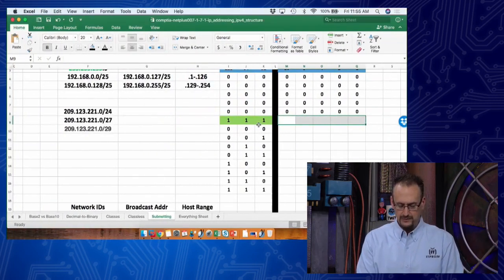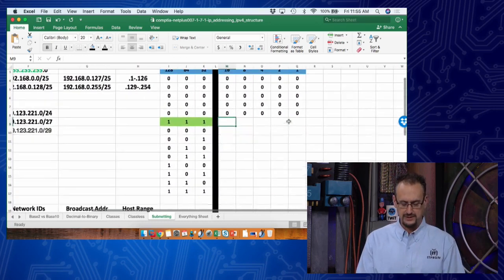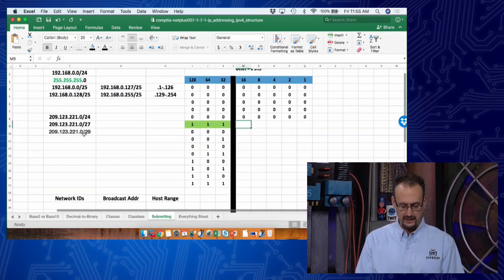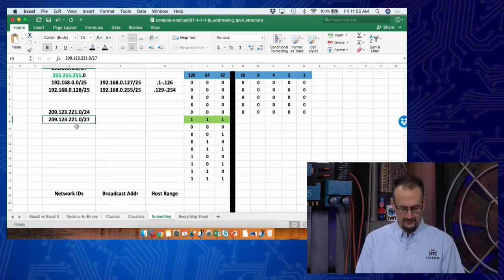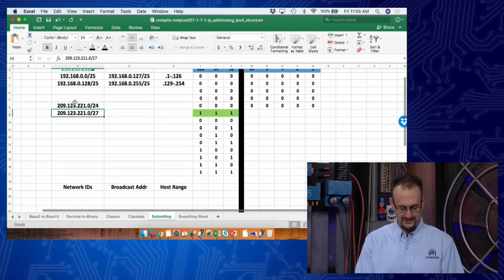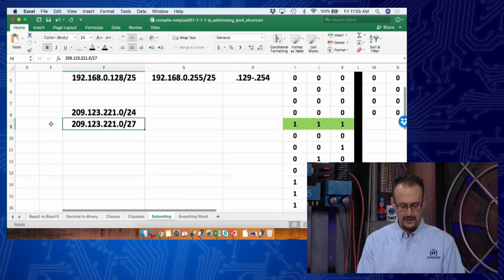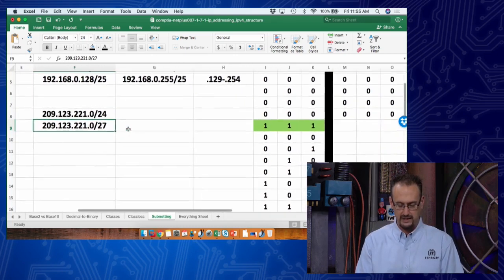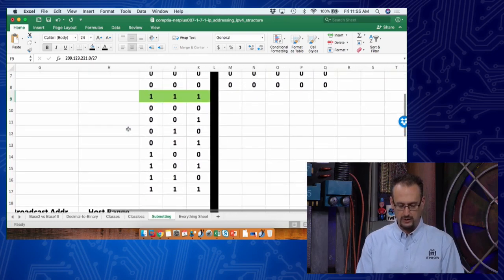So remember that we said if we needed to find out what the network IDs are, all we have to do is take these networks that we've created. We are working with this CIDR notation right here, 209.123.221.0/27, and that gave us these networks right here.